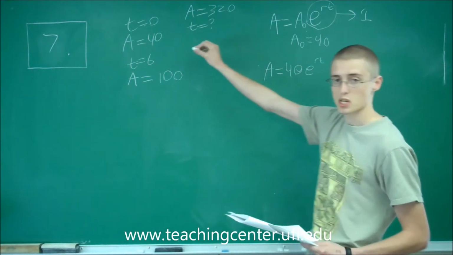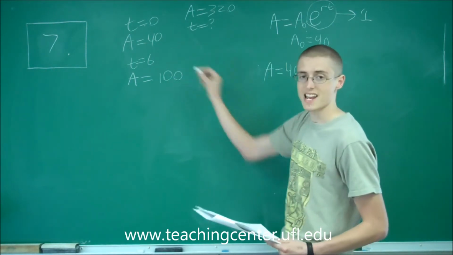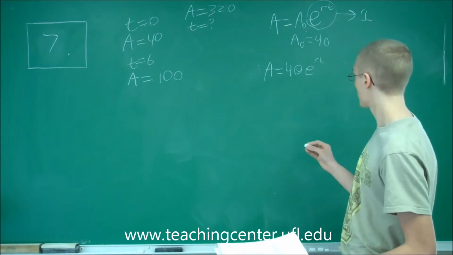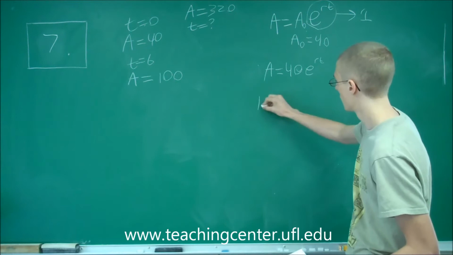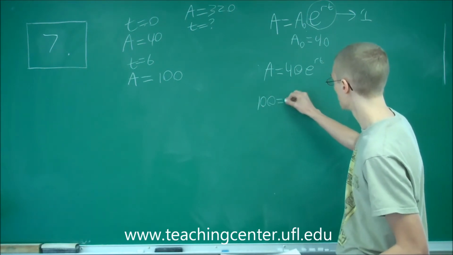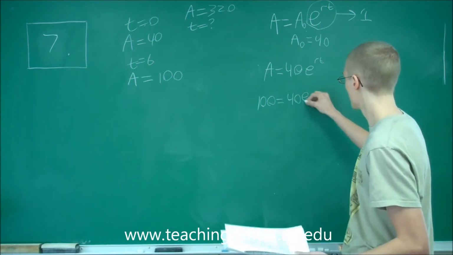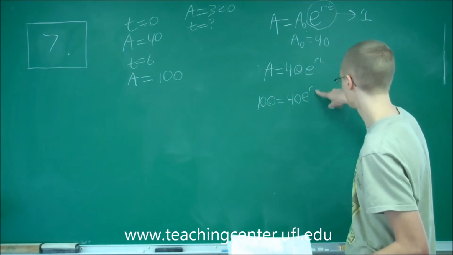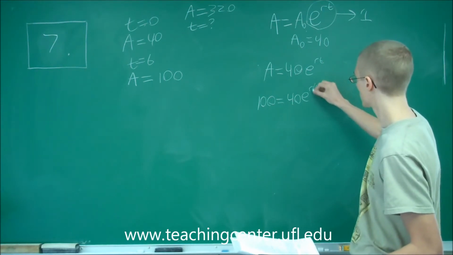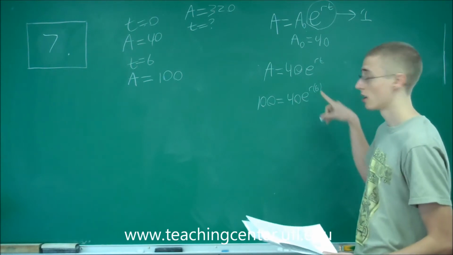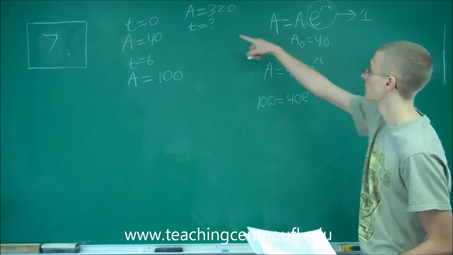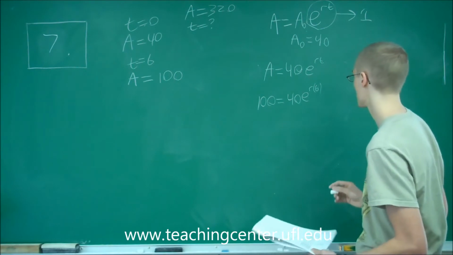The next piece of information they gave us is that when t equals 6, A equals 100. So that means we can plug 6 in for t and 100 in for A. We're left with 100 equals 40 e raised to the r times 6. Okay, so from this equation we can find r. And we're going to need to use r to find our t when A equals 320.